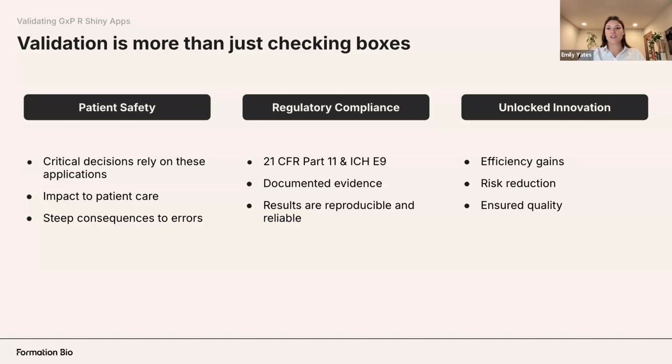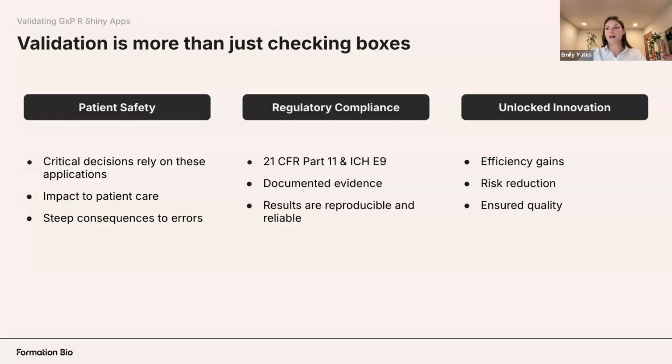The second consideration here is, of course, regulatory compliance. Specifically, I'm thinking about 21 CFR Part 11 and ICH E9, both of which call for documentation around the reliability of electronic records and statistical analyses. Regulators don't just want to know that your Shiny application is working, they want to see the documented evidence of how you're ensuring that it's working.